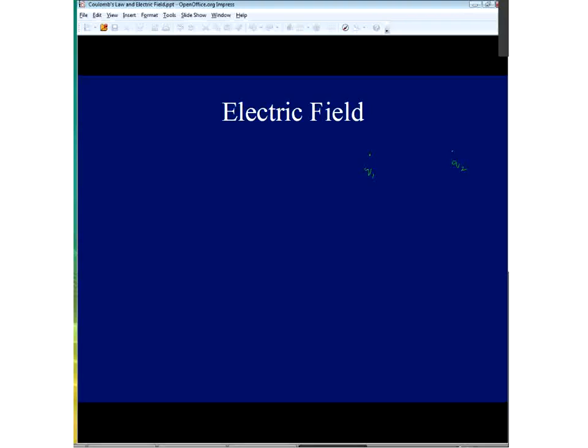So when Q2 is moved to that new position, the field was there earlier, it is there now also. So immediately, force can act. So it's not like Q1 is searching for Q2. Q1 is just creating a field everywhere due to its own presence.